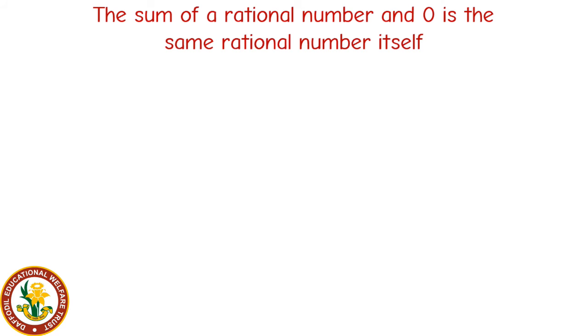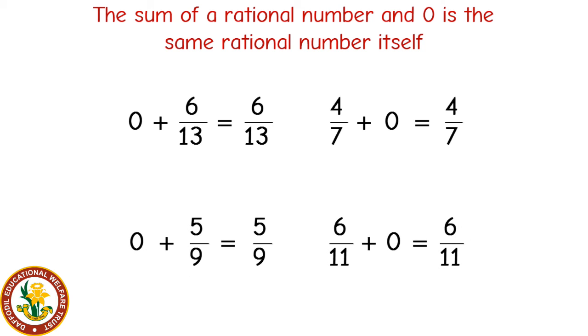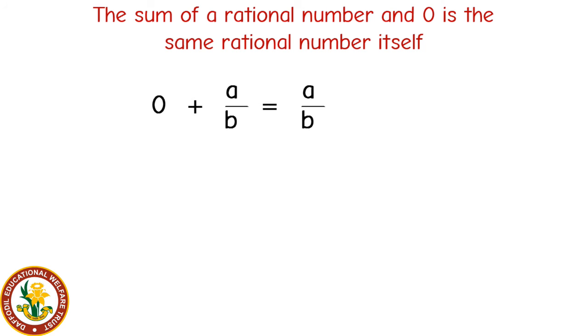The sum of a rational number and 0 is the same rational number itself. 0 plus 6 upon 13 is equal to 6 upon 13. 4 upon 7 plus 0 is equal to 4 upon 7. 0 plus 5 upon 9 is equal to 5 upon 9. 6 upon 11 plus 0 is equal to 6 upon 11. 0 plus a upon b is equal to a upon b, where b is not equal to 0.